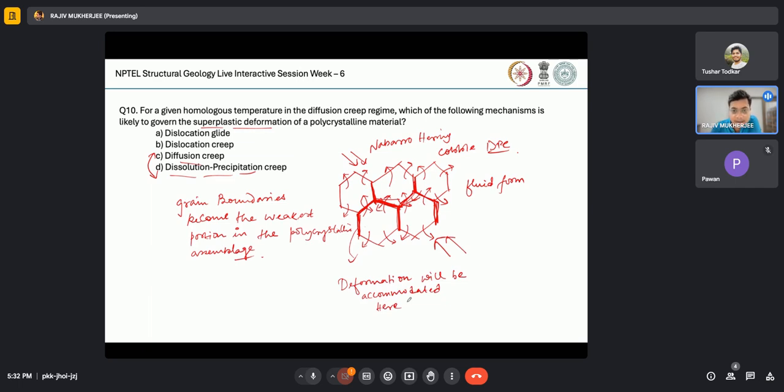Eventually the shear stress component acting along these grain boundaries will try to shift the grain boundaries. So if this was the initial arrangement, at the final stage the grains as a whole will shift.